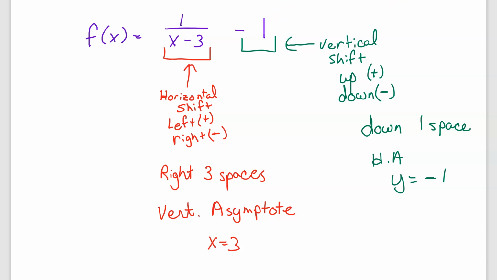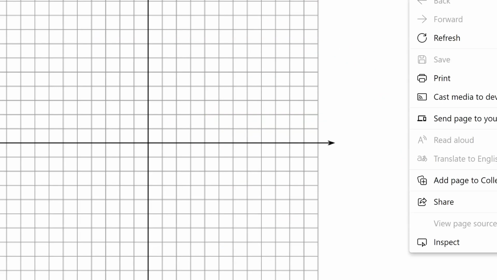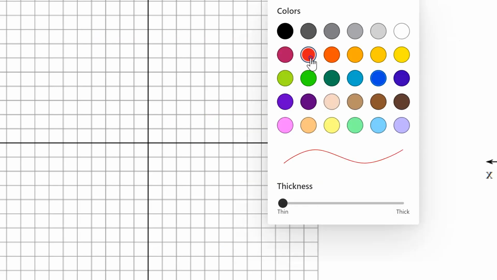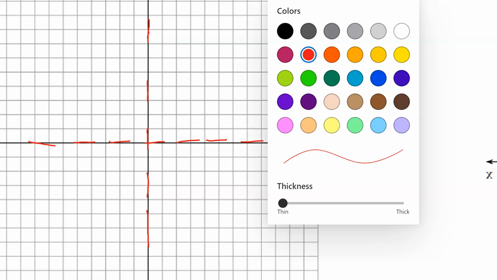Our normal rational function, our parent function of a rational equation, has the vertical asymptote at x is equal to 0 and the horizontal asymptote at y is equal to 0. These are our normal asymptotes for the parent function.